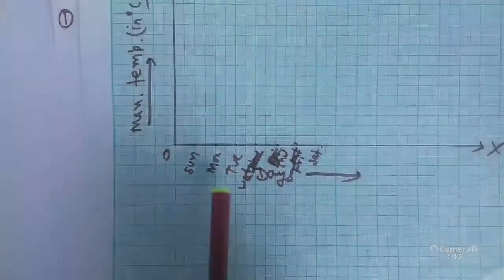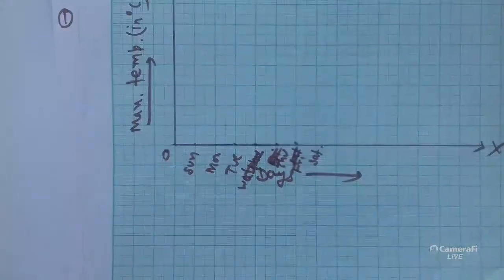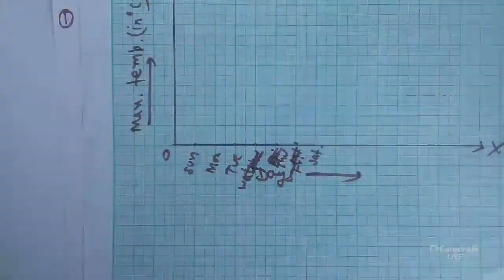Okay, Sunday, Monday, Tuesday, Wednesday, Thursday, Friday and Saturday. These are the days, and along y-axis we have to take degree centigrade.